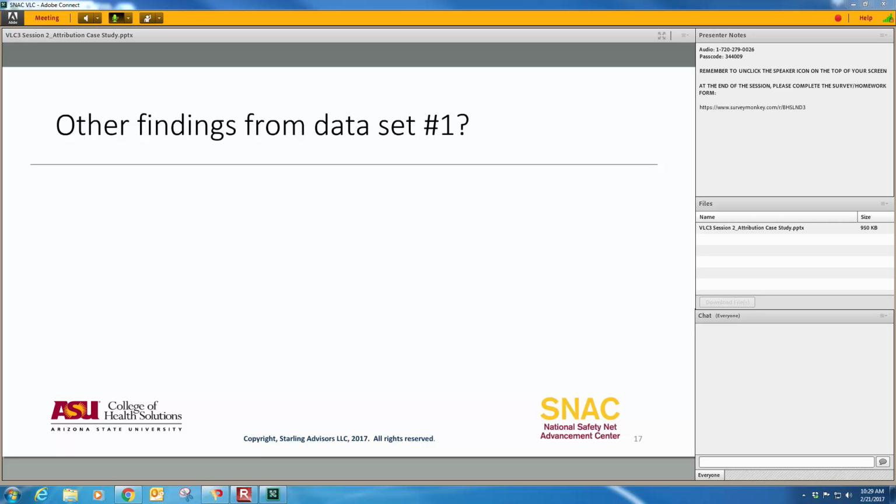Any other interesting findings that folks had in exploring this first data set that they wanted to share? Does anybody get this type of breakout? Yeah, go ahead. Yes, this is Theodora Anderson Diaz from First Choice Health Centers in Connecticut.